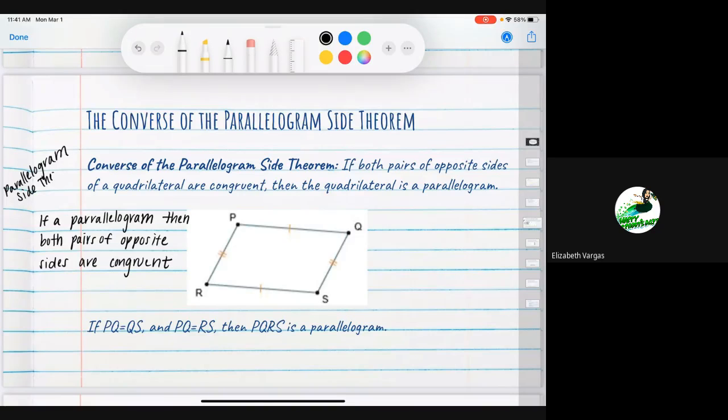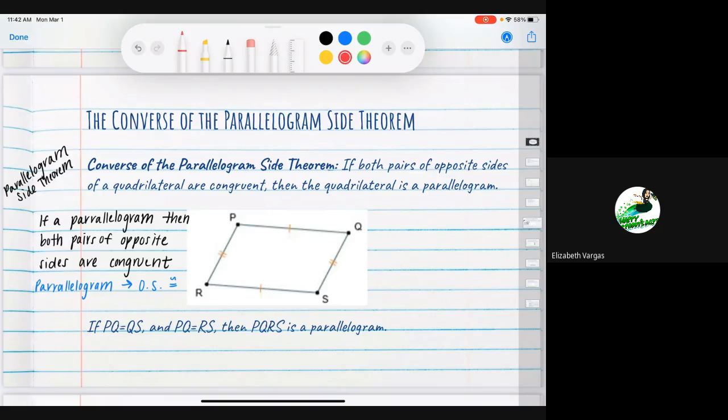Right? And basically what this tells us is that if parallelogram, then opposite sides congruent, right? Well, what the converse does is it switches it around.